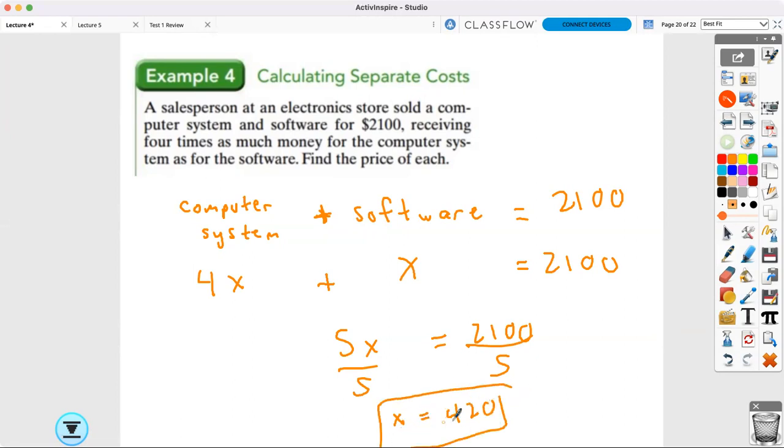That's the price for the software because x is software. So software is $420. And remember 4x, we want to know the computer system. So we do 420 times 4, which is 1,680. And now we have the price for both machines.